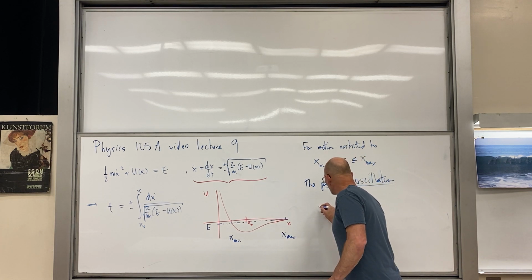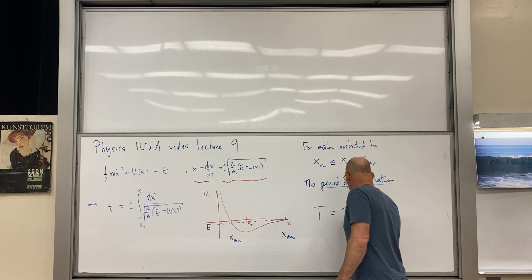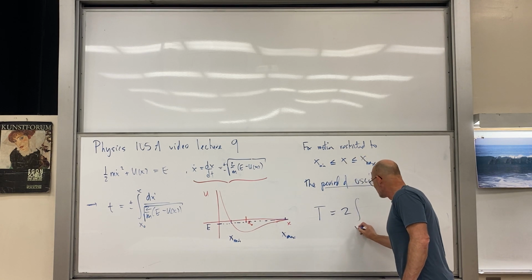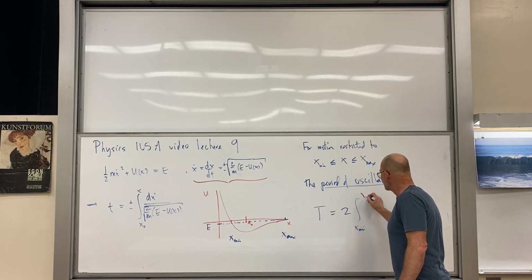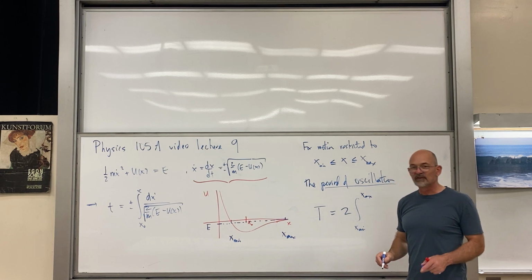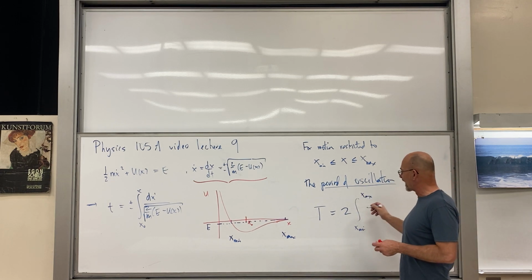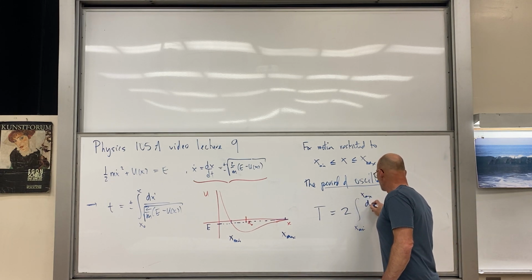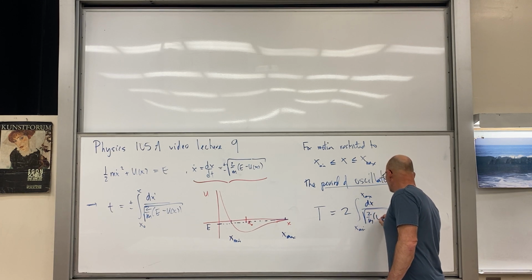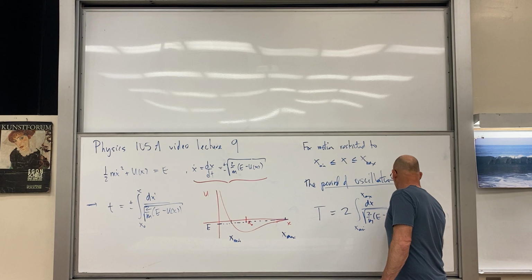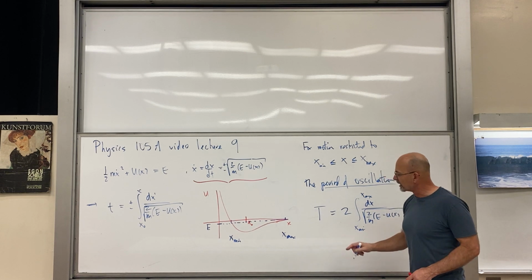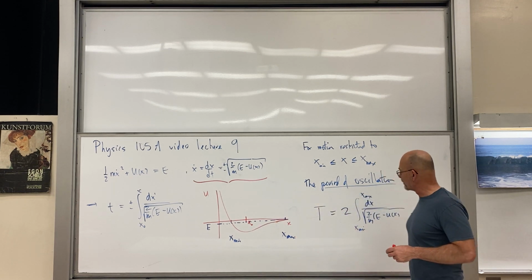The period of that oscillation would be T equals 2 times the integral from x min to x max, dx over the square root of 2/m (E minus U of x). This updates the one I wrote up the other day. We're actually going to be working with this particular potential a fair amount this semester.